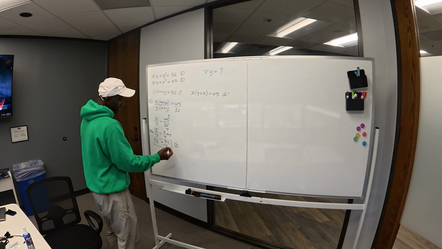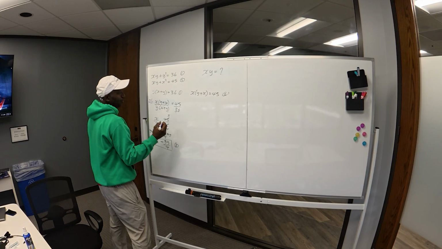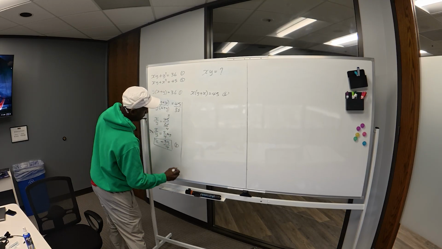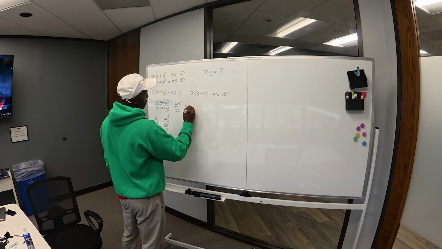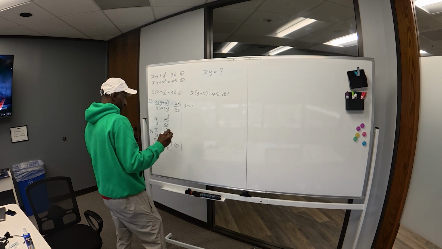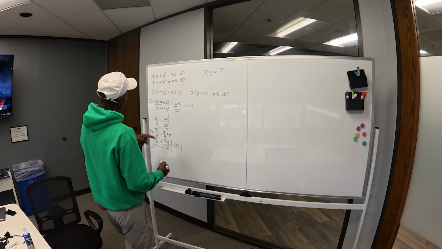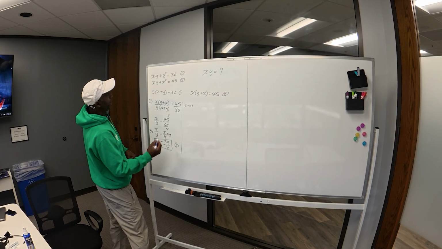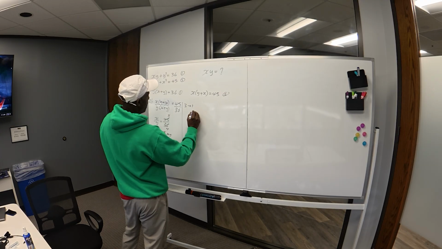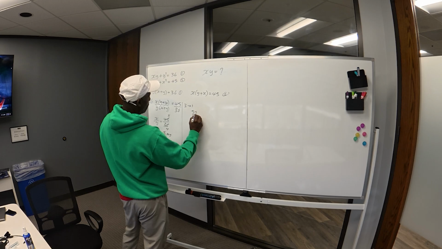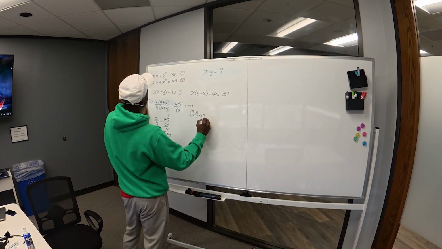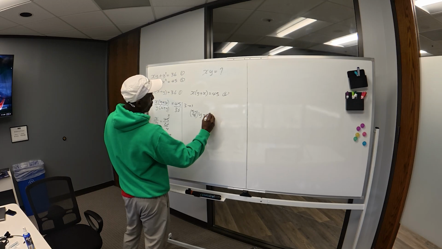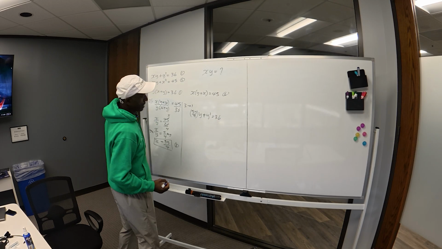Now if we substitute 3 into 1, wherever we have x, we put the value in there, so we have 5y upon 4 of y plus y squared is equal to 36.